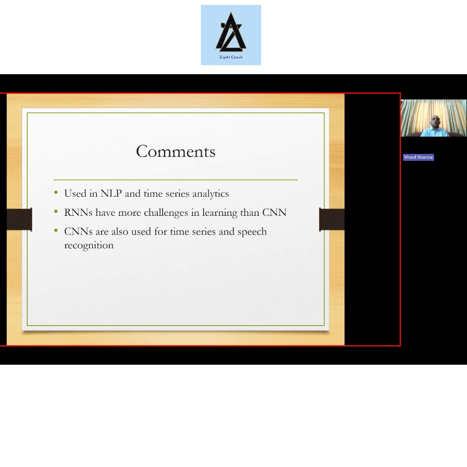Therefore, sometimes CNNs are also used for time series and speech recognition, which were originally applications for RNN. CNN has limited dependence compared to RNN, and in some applications that dependence is enough. For such time series and speech recognition applications, people have found that CNN can actually be better than RNN.